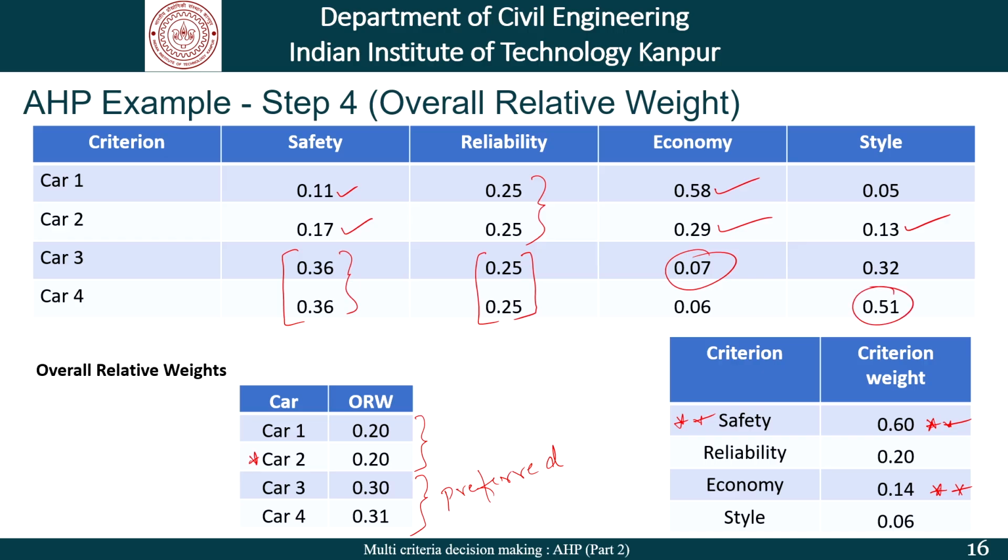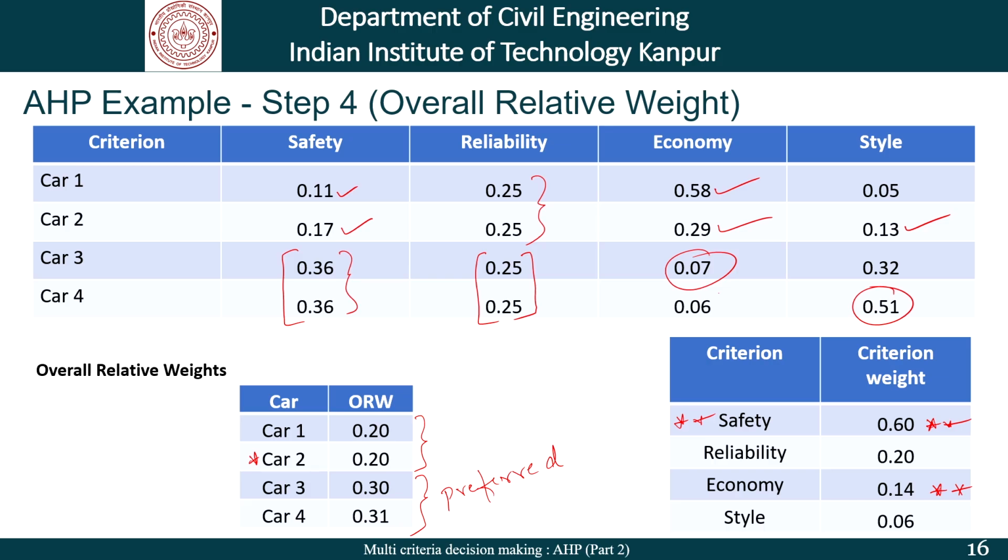If you see the difference between these two values, when it comes to economy, car 3 and car 4 are more or less similar. Car 3 only has a slight edge, but when it comes to style, car 4 has more edge in comparison to car 3. Now, based on the relative weights, it so happened that car 4 comes out to be slightly more preferred than car 3.